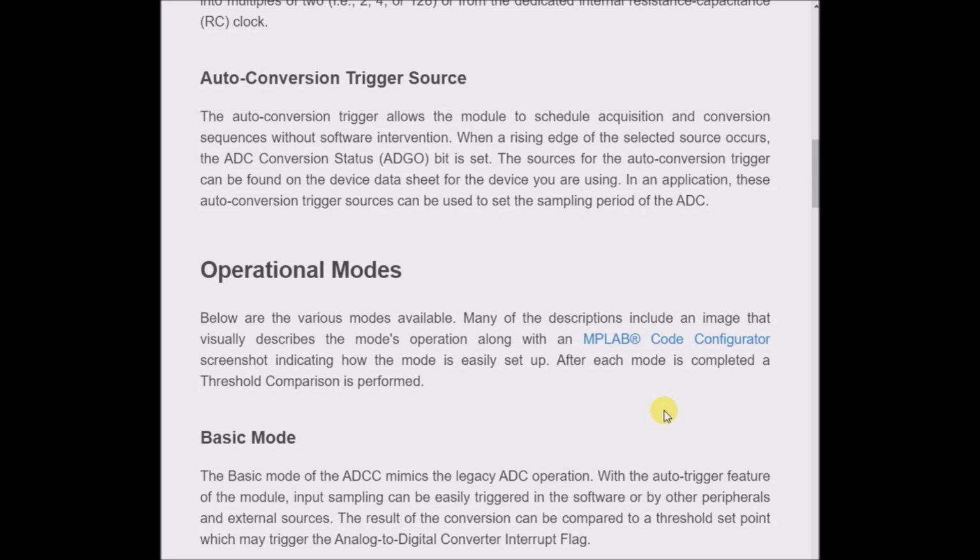The sources for the conversion trigger can be found on the device data sheet for the device you are using. In an application, these auto-conversion trigger sources can be used to set the sampling period of the ADC.